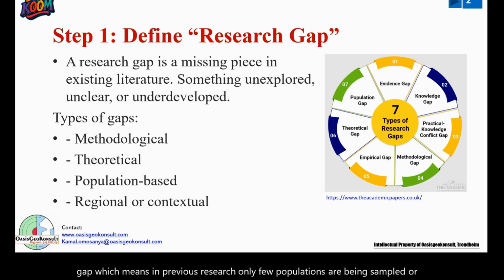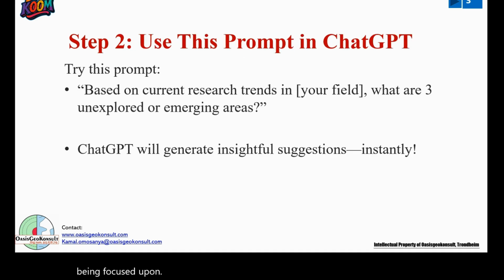So today we're going to learn how to use ChatGPT to identify research gaps. The second step, after understanding what research gaps are, is that you need to be able to prompt your ChatGPT to give you the correct and reasonable answers when you try to look for it online. And one of these prompts is to just search using the following keyword: current research trends, and then you can put in the field of study or your specialization.